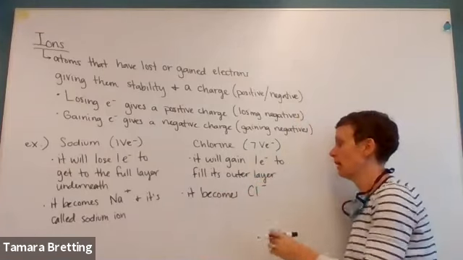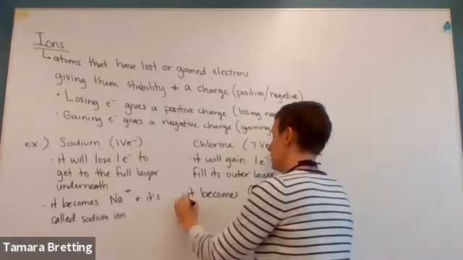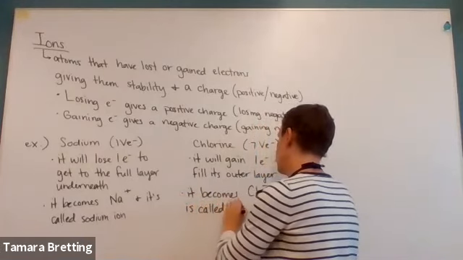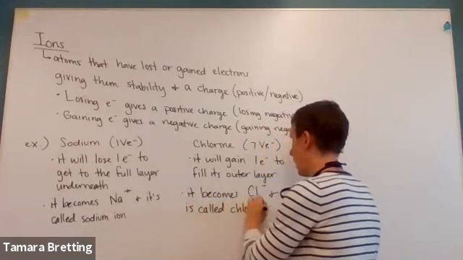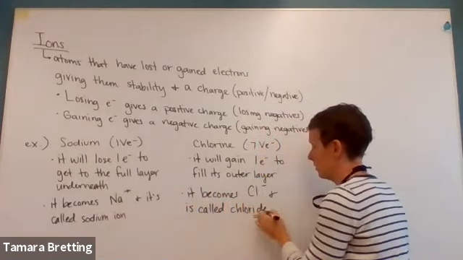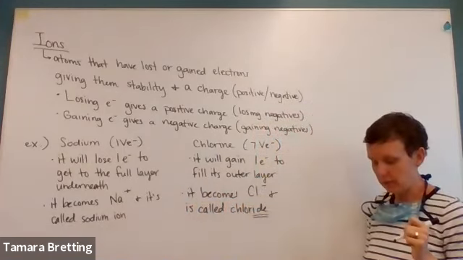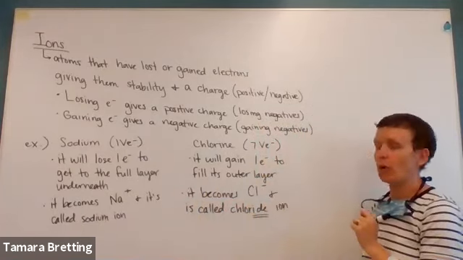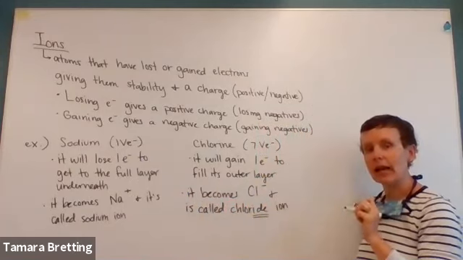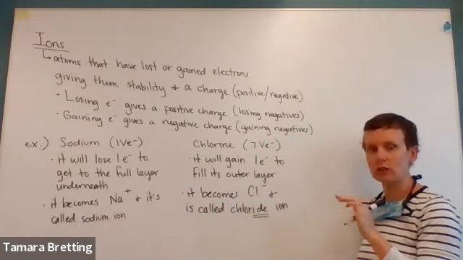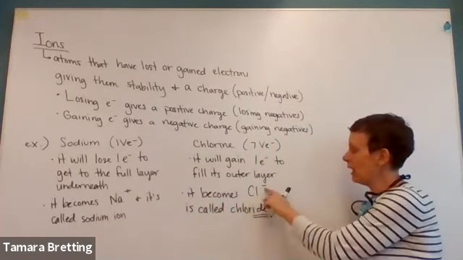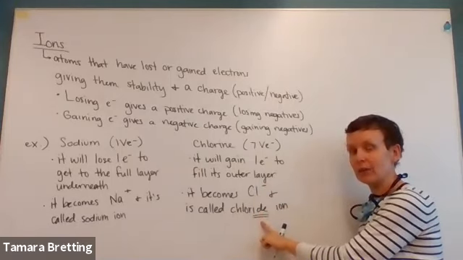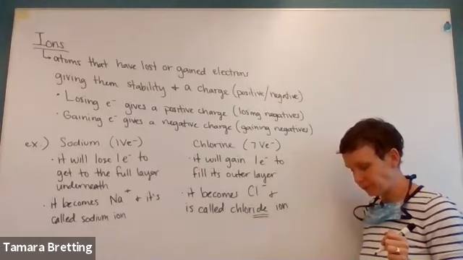So Cl minus is called chloride, chloride ion, chloride, either way. So when something has a negative charge, -1, -2, doesn't matter how negative it is, negatively charged ions are going to end in ide.